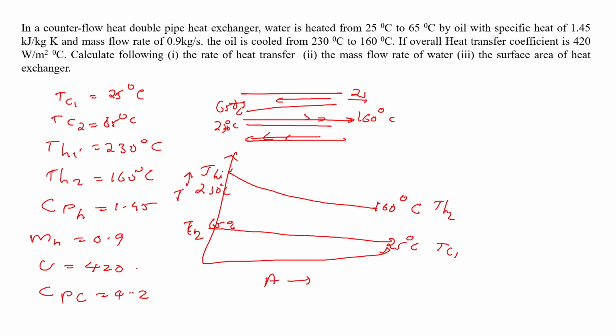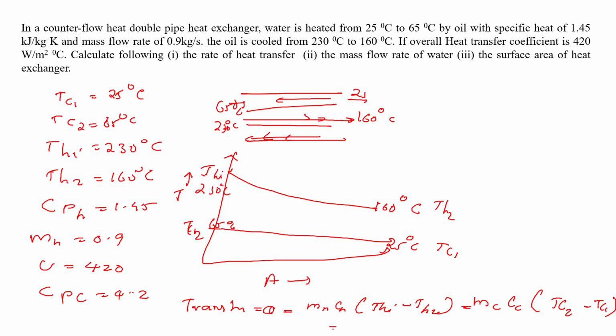Now you have to get the heat transfer. Heat transfer will be Q, that is Q is equal to mh Cph times (Th1 minus Th2), which is equal to mc Cpc times (Tc2 minus Tc1).